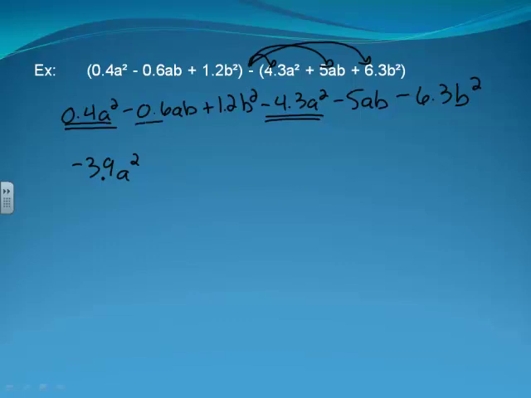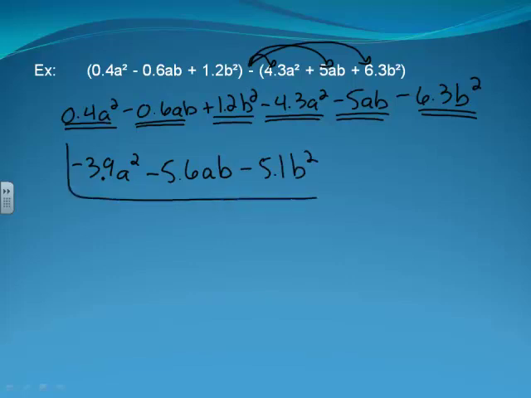We've got negative 0.6ab minus 5ab is minus 5.6ab. And then we've got 1.2b squared and minus 6.3b squared. If you combine that, we get minus 5.1b squared. And that's your simplified answer to that polynomial subtraction problem.